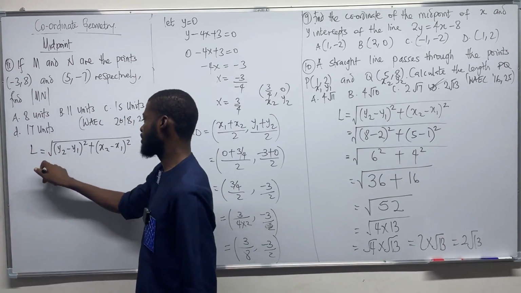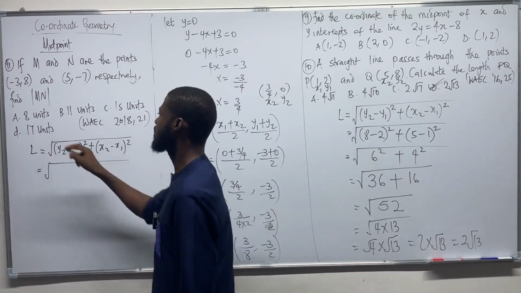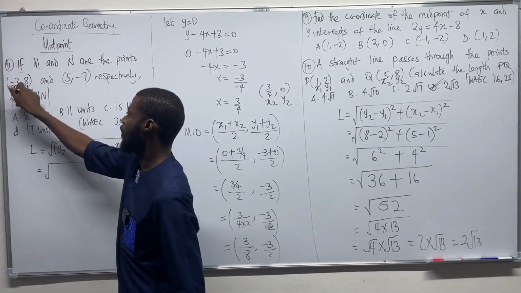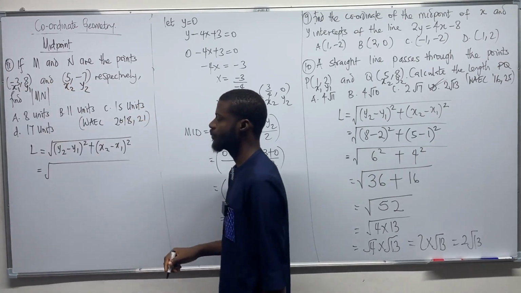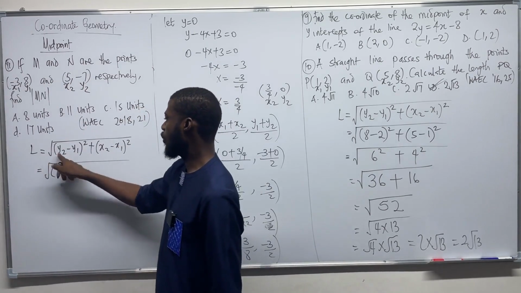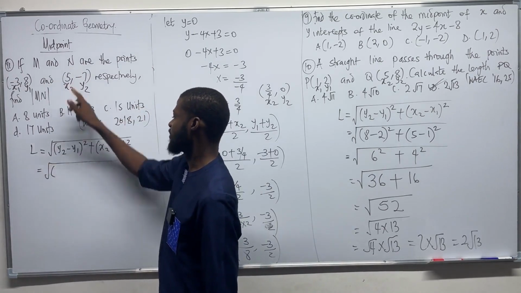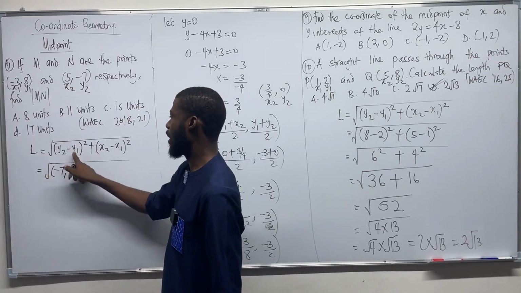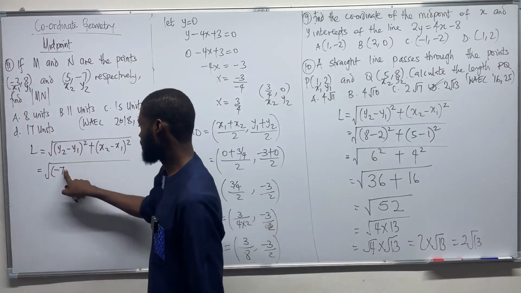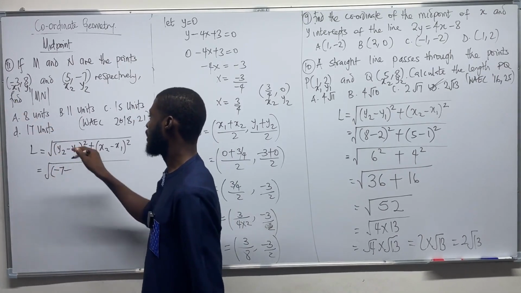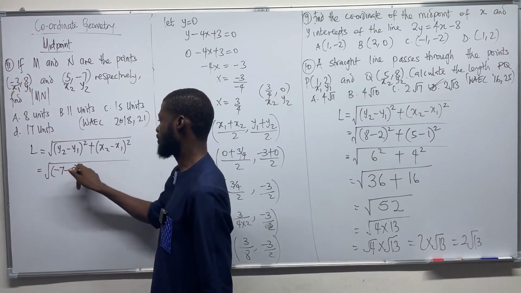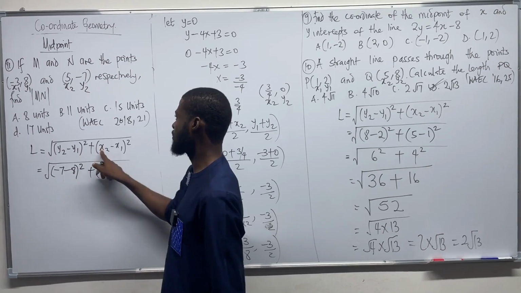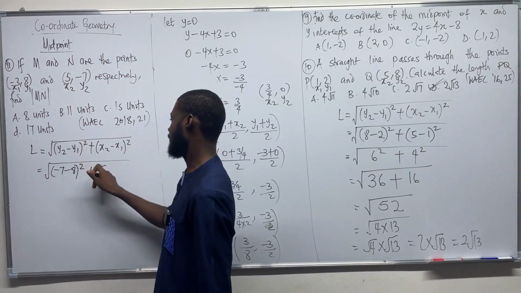So this becomes the square root of, let's label our points. So this is x1, y1, while this is x2, y2. So y2 is minus 7. Then y1, oh no, sorry, that's supposed to be a minus. Then y1 is 8. And this will be squared. Then what is x2? x2 is 5.